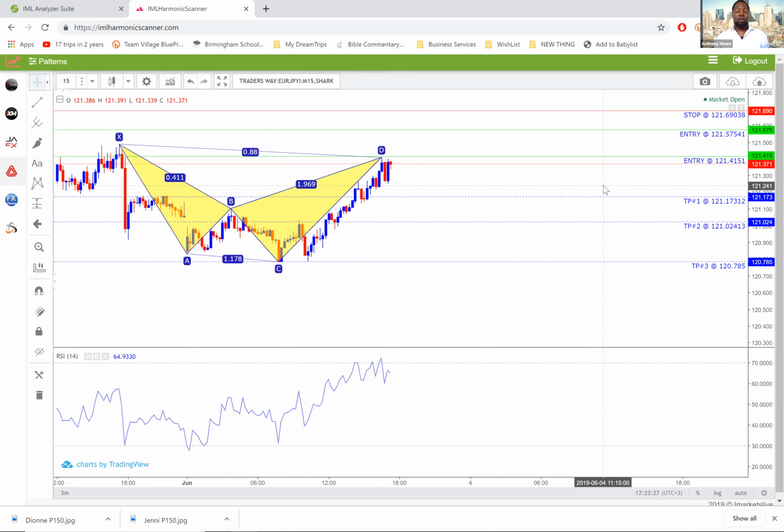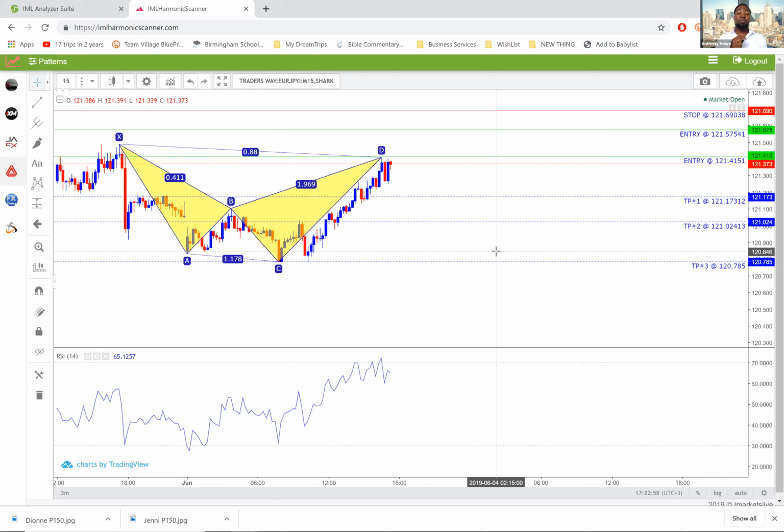So I'm going to log onto this call using my mobile phone, and I'm going to show you how to take advantage of a trade idea, okay? Let me just connect my mobile phone so you guys can see my mobile phone screen. As I say, the way to take advantage of a prediction is by the MetaTrader 4 app on your mobile phone. So now we see this, we're like, yes, we want to take it, we want to make money from this trade.